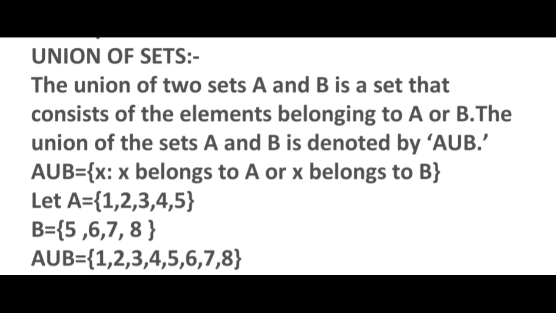Let A be the set having elements 1, 2, 3, 4 and 5, and B is the set having elements 5, 6, 7 and 8. Then the set A union B will be the set having 1, 2, 3, 4, 5, 6, 7 and 8. That is, we'll get the set A union B on writing the elements of A and B together at the same place.